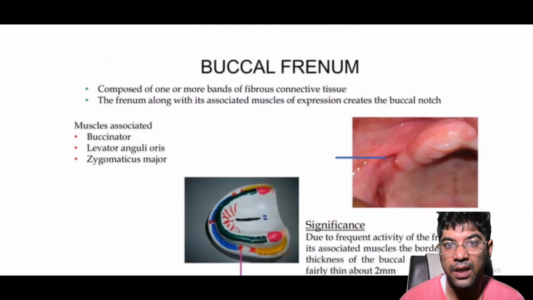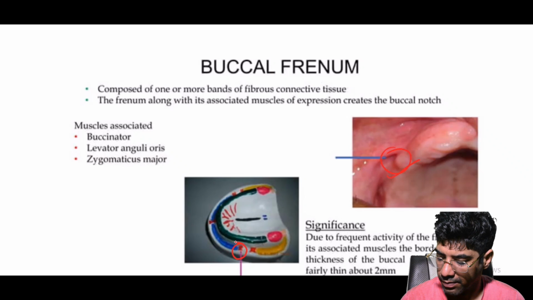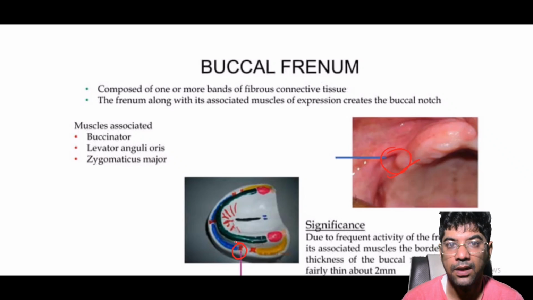The third is the buccal frenum. Here you can see the buccal frenum. Buccal frenum separates the labial and the buccal vestibule and has muscle attachment.